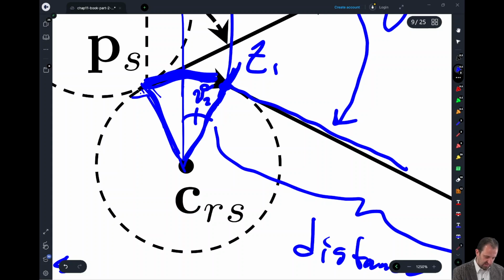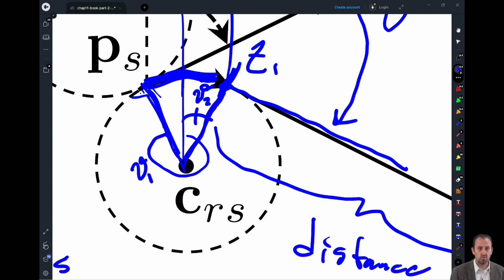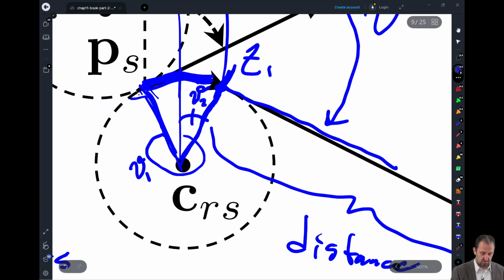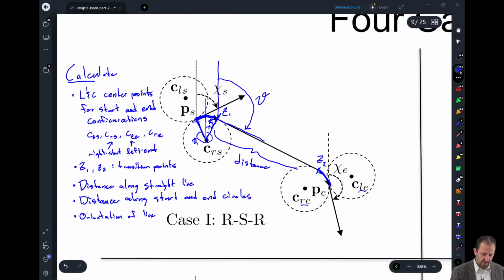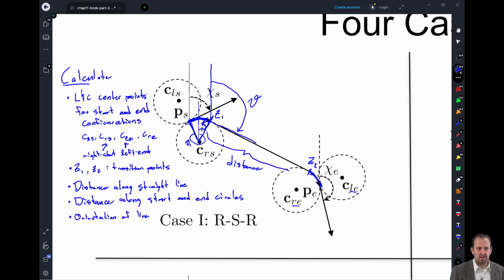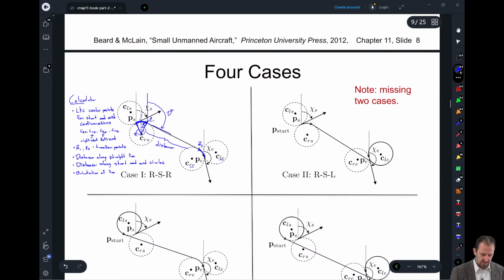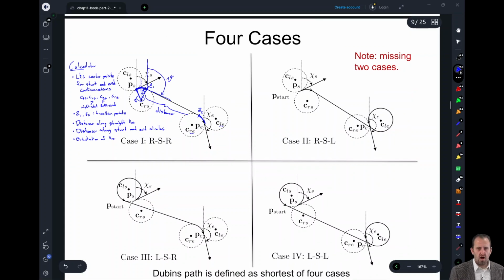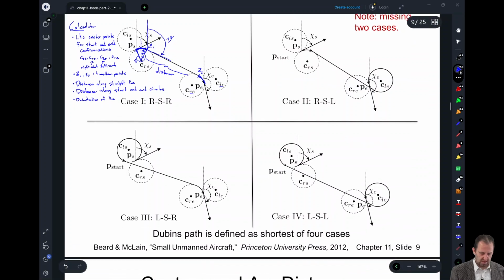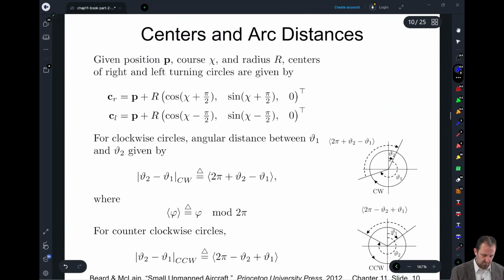And this guy right here will be our var1, when we start our circle and when we end it. We're going to have to do that for both the first and second circle. So we have a number of things that we need to calculate that'll help us calculate our arc lengths and our distances along the path. We're going to do that for all four possibilities, and then we'll choose the shortest one. So let's jump into some of that math.